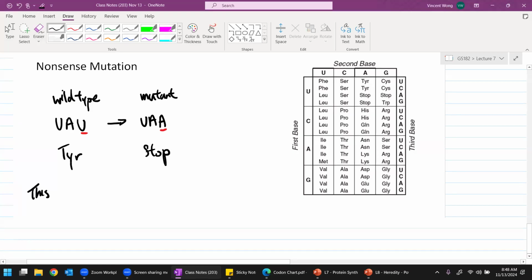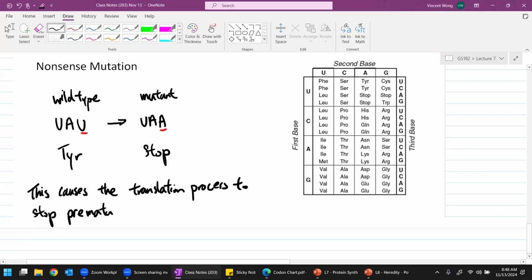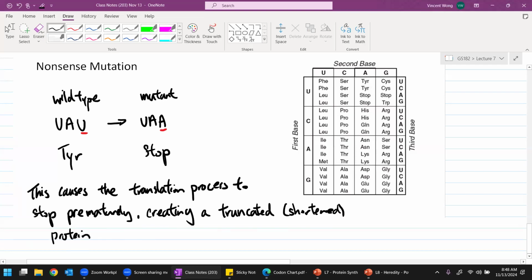So this causes the translation process to stop prematurely, creating a truncated. Truncated means shortened. I know, why can't they just say shortened protein?